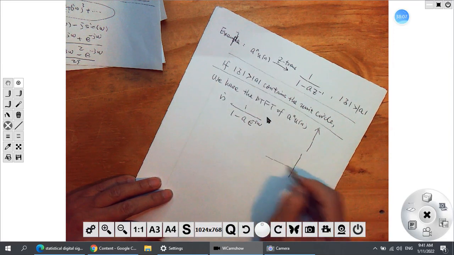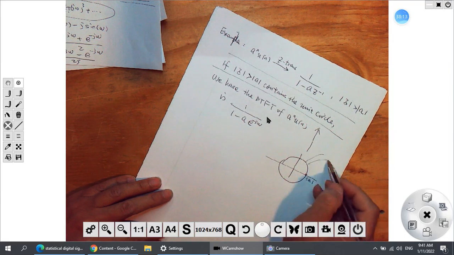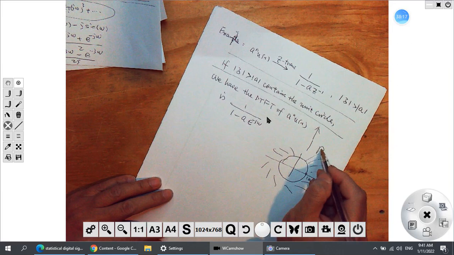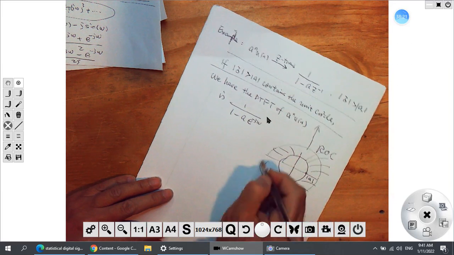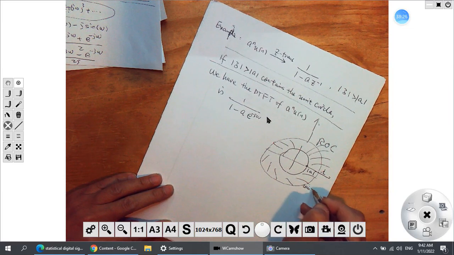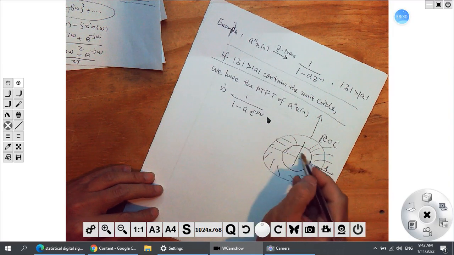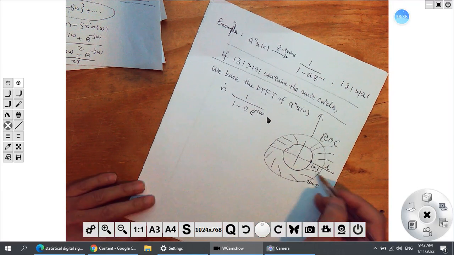Here is the absolute value of a, and |z| larger than |a|. This is the ROC, and the unit circle should be here. Here is 1. The unit circle should be part of the ROC, so it cannot be inside. If the unit circle is inside here, then you do not have a Fourier transform. So the ROC should be here. That means a is smaller than 1.